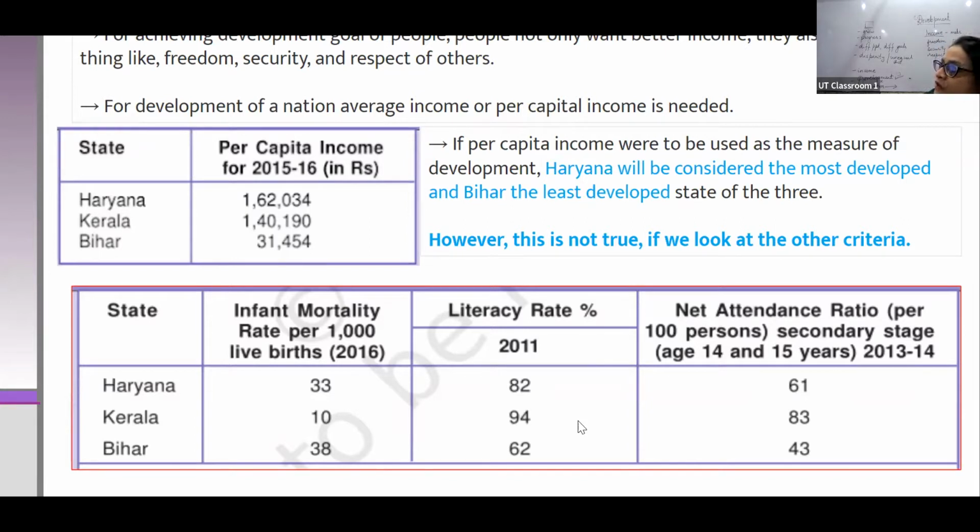So for development of a nation, average income or per capita income is needed. Okay, now another aspect. Before that I'll ask you, where our families are concerned, where are most of the expenses centered?